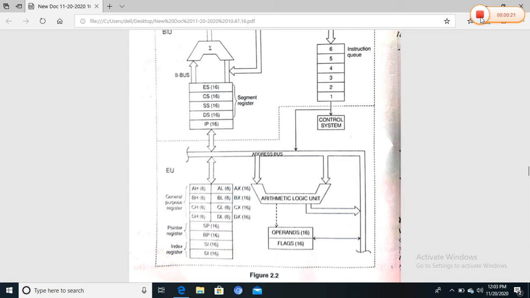The EU is responsible to perform the execution of instructions that are fetched by the BIU, that is the bus interface unit.